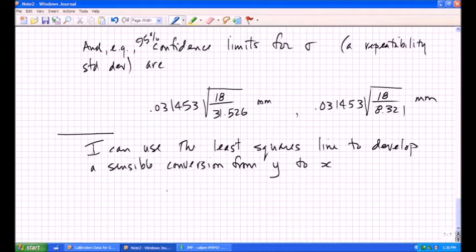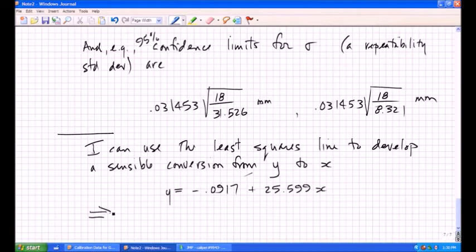And the way that I would do that is simply take the equation that says that y is minus 0.0917, say, plus 25.599x, and think about solving that for x in terms of y.